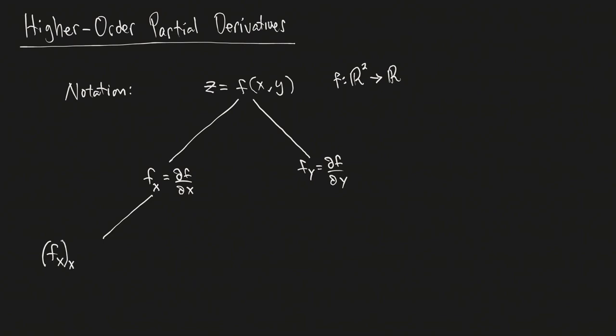With the parentheses and trying to write this as a lower subscript than the first one, we don't gain anything by doing that. So we condense this notation and just say f sub xx. If you differentiate twice with respect to x, this is what it looks like.